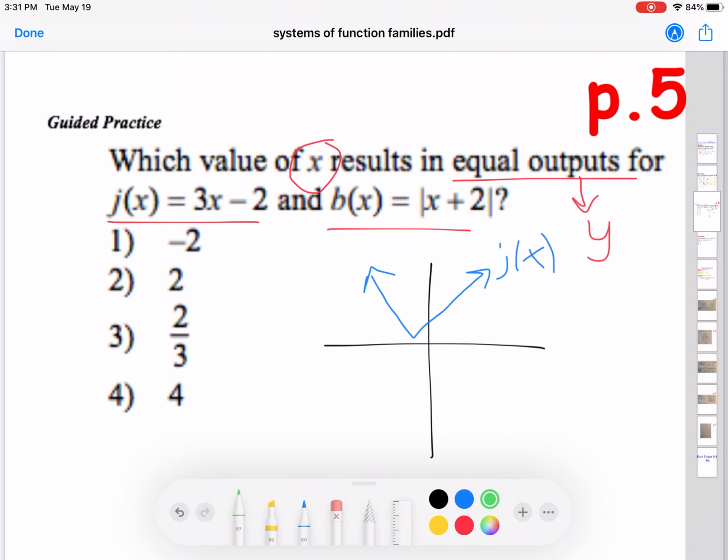And we saw our b of x function was a graph that looked something like this. And we saw that they intersected at the point 2, comma 4. So to answer this question, which value of x resulted in the equal output? Well, we see that the value of x here was 2. So for our guided practice, we should choose answer choice 2.